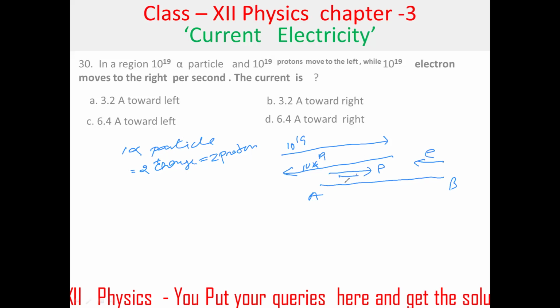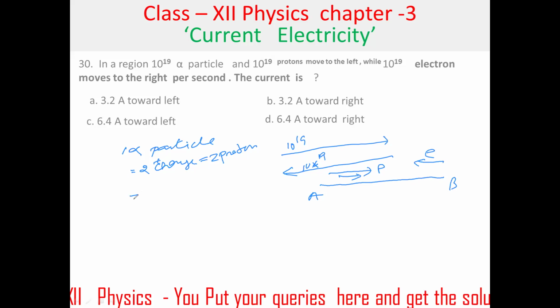So what will happen? Definitely the electrons are fewer in number. The alpha particles and the protons move to the left, while electrons move to the right per second. So now you find out the current.